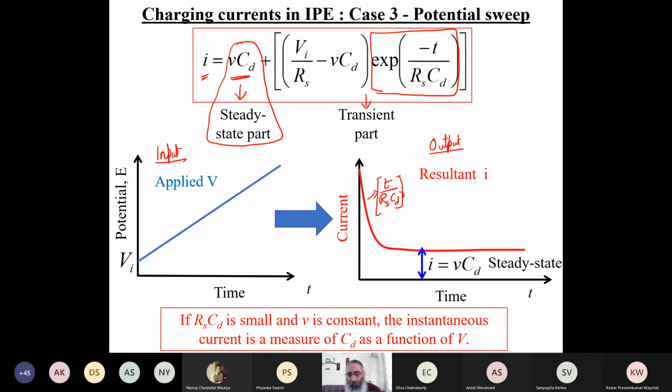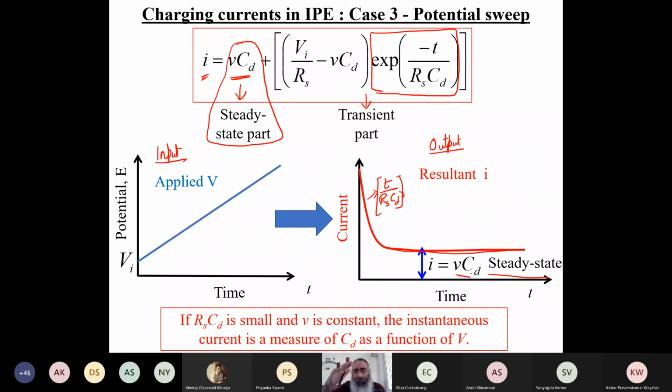And that is why you see that this curve doesn't reach zero, but after some point of time becomes almost parallel to the x-axis. The gap between this is going to be nothing but nu into CD. And this is the steady state current that you would observe in the system. So the essence of this is that if you apply a potential sweep to the system, your current in the system is never going to decay to zero.